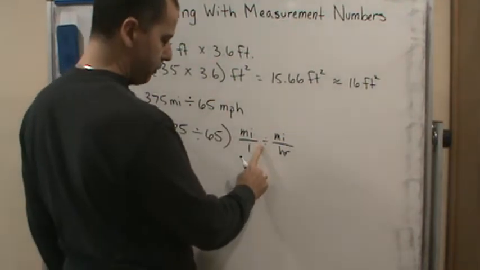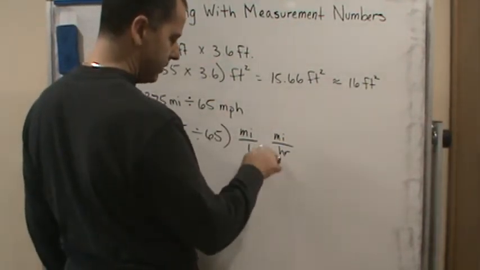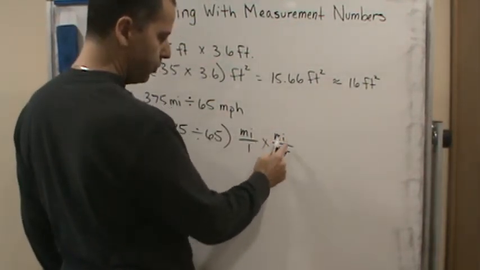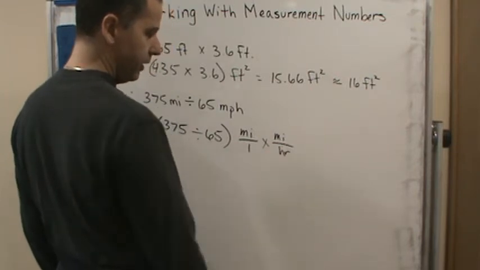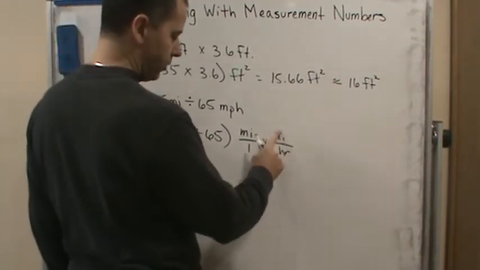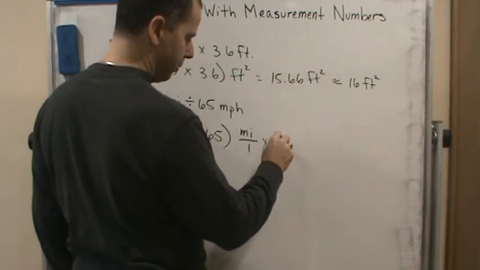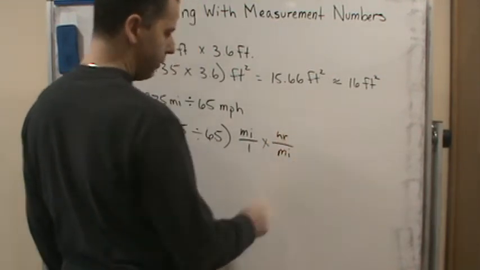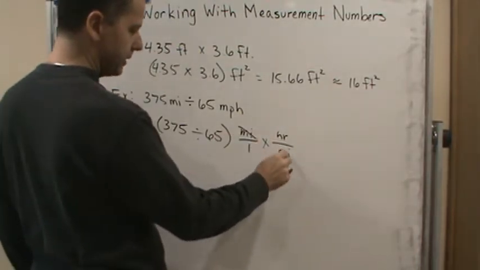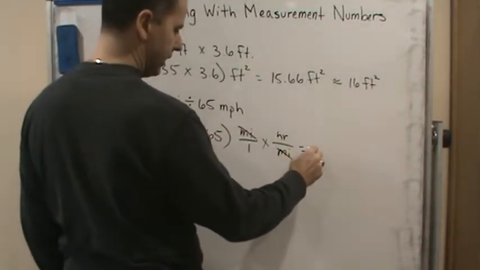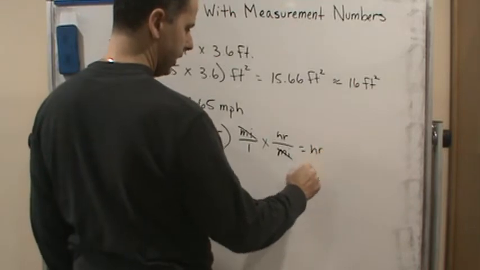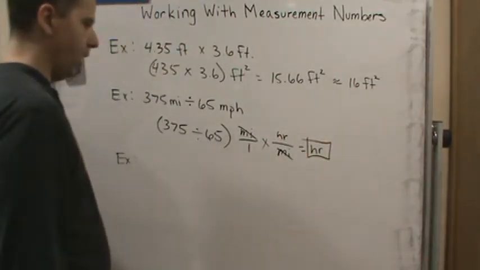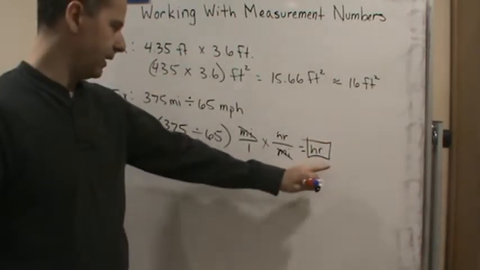I'm going to change this to a multiplication, but if I do that, I have to take the reciprocal of the fraction. So this is changed to hours per mile. Notice that miles cancels with miles, and I end up with hours as my units. So my final answer is going to be hours.